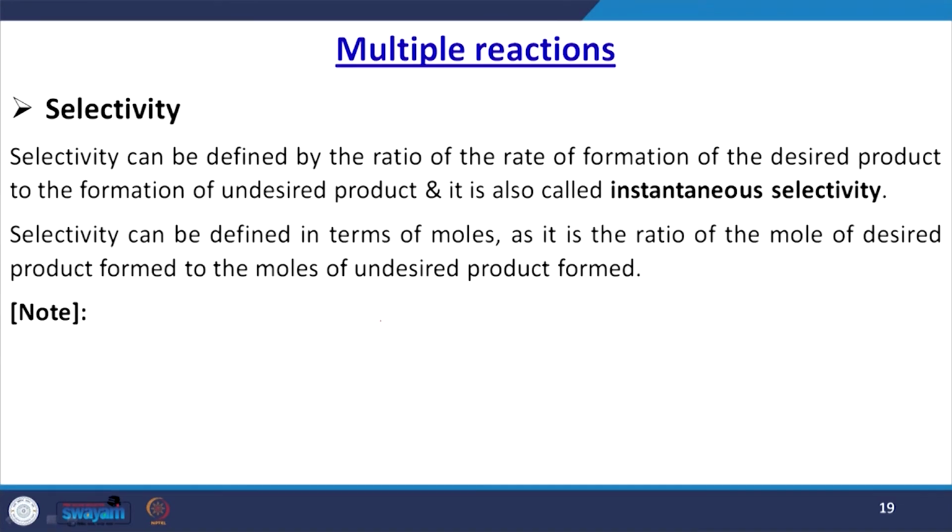This selectivity can also be defined in terms of moles, as the ratio of the moles of desired product formed to the moles of undesired product formed. Now let us give a mathematical representation of instantaneous selectivity.